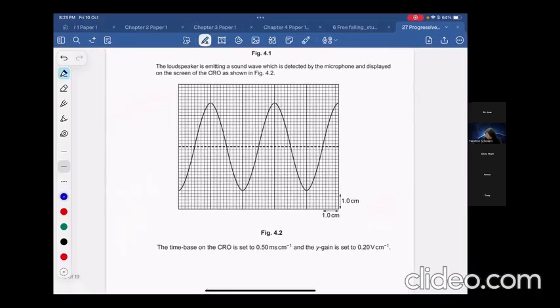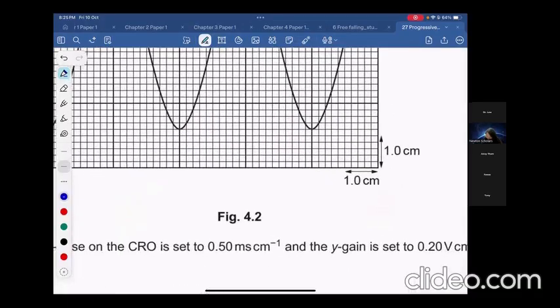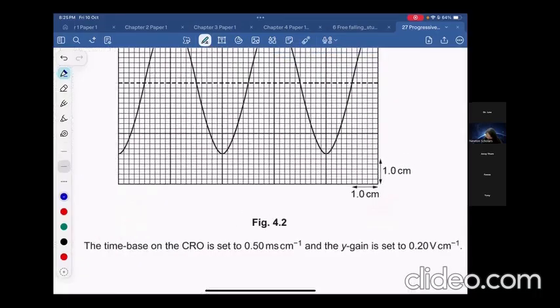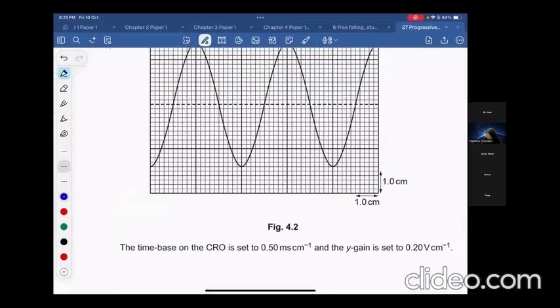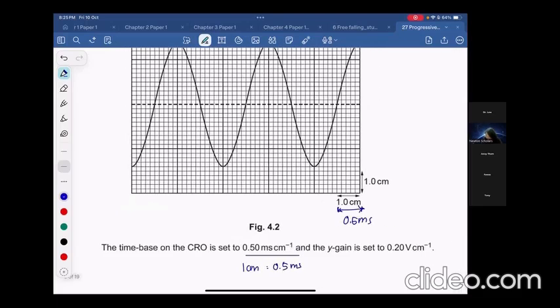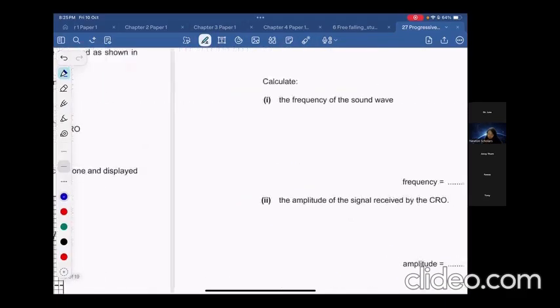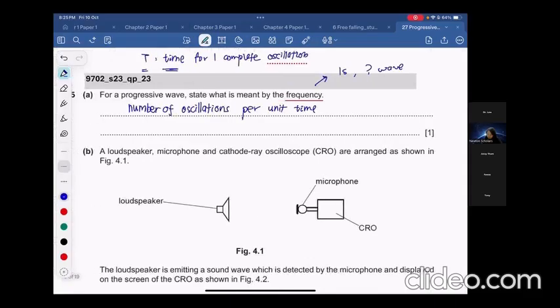The time base is 0.5 millisecond per cm, which means 1 cm represents 0.5 millisecond. Then 1 cm also represents 0.20 volt. Okay, we read the next question. Can you calculate the frequency?